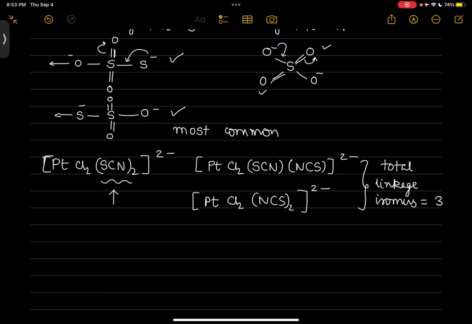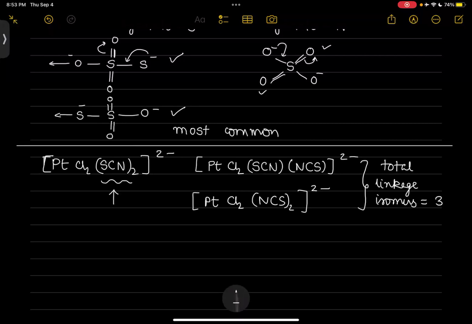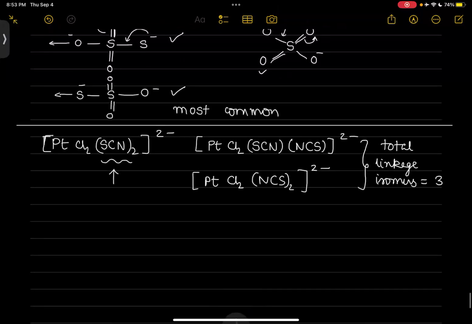Is that clear? Aisha, Marwa, Justine, is it clear or not? Yes. Sir, can you explain again? SCN or NCS you can do, okay? Only linkage we have considered.